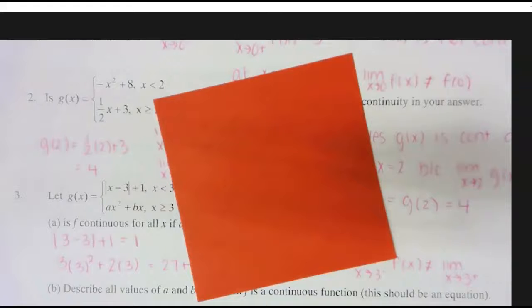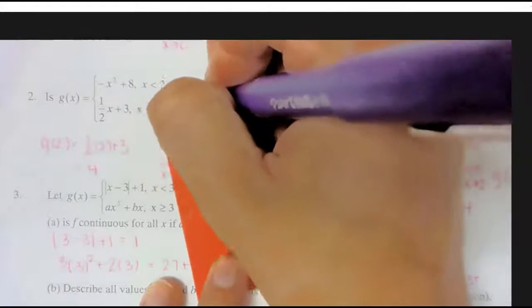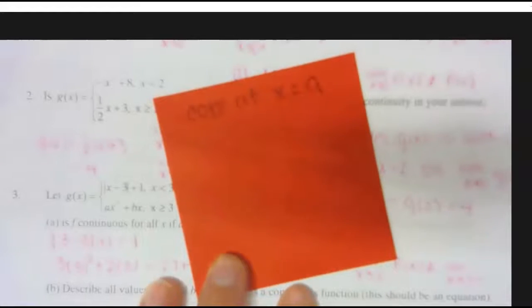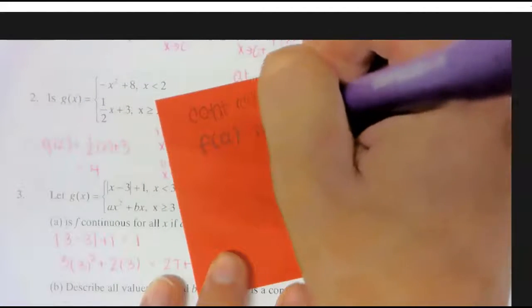The definition says that if we are talking about continuity at x equals a, then the first thing we need is for f of a to be in the domain.